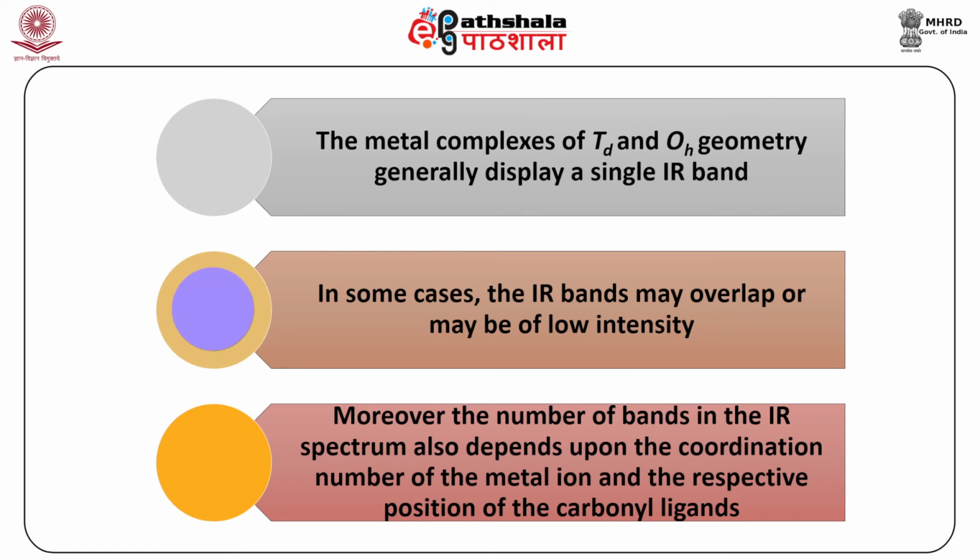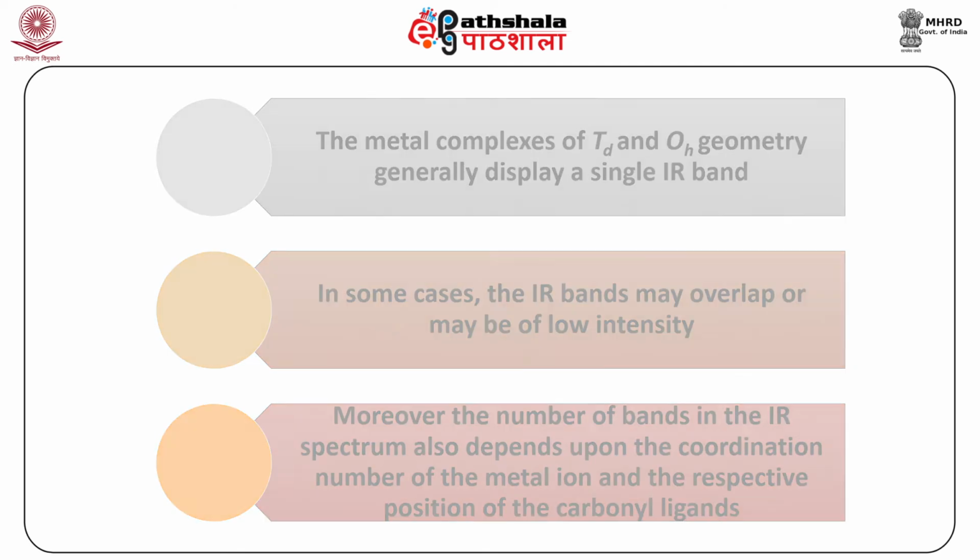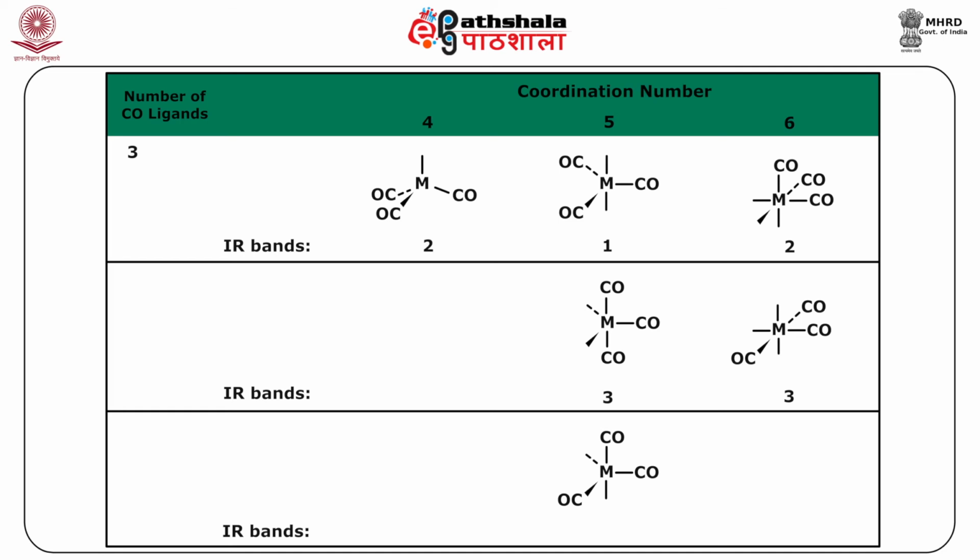In some cases, the IR band may overlap or may be of low intensity. Moreover, the number of bands in the IR spectrum also depends upon the coordination number of the metal ion and the respective position of the carbonyl ligand. For example, in a metal complex with coordination number 6 having three carbonyl ligands, there are only two possible stereoisomers, namely the facial geometry and the meridional isomer.